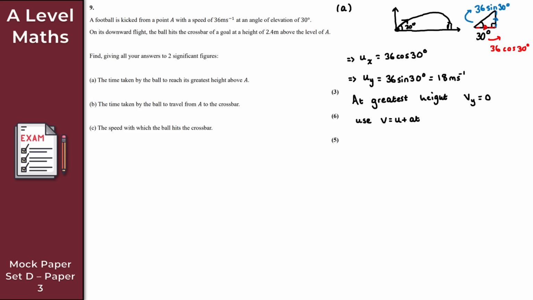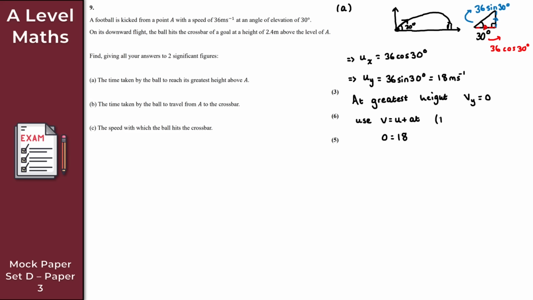So V, as I've already kind of denoted, is just going to simply be 0. Now for U, just be careful here that you do use the correct component. What we're going to use here is the vertical initial velocity, right? So Uy here, which is 36 sine of 30 degrees, which is just simply 18. Okay, so we get 18 plus then 18. Now, what I'm doing here is I'm taking up as positive.